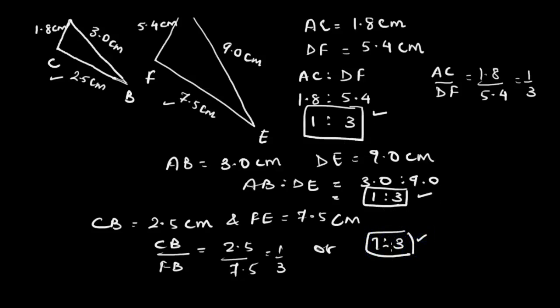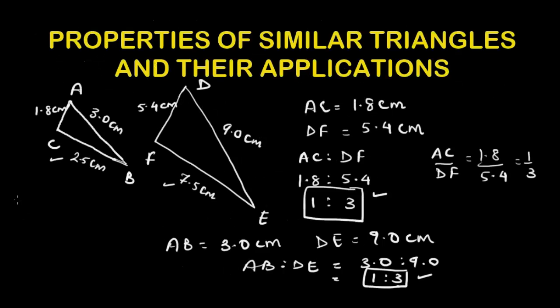Now we notice that the three ratios of the three corresponding sides are exactly the same. If the ratios are the same for the corresponding sides of the two triangles, then the two triangles are called similar triangles.